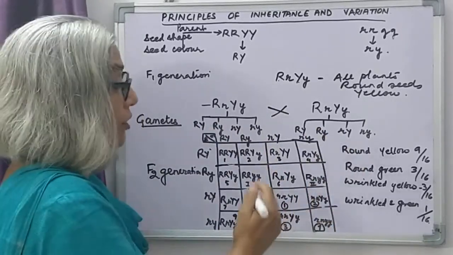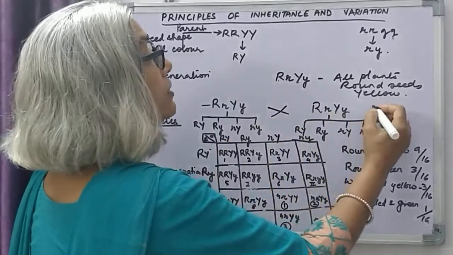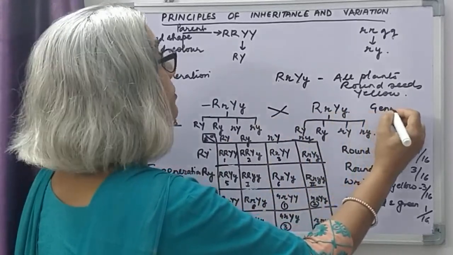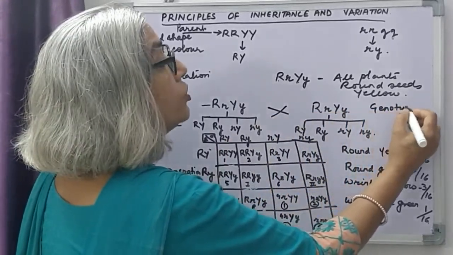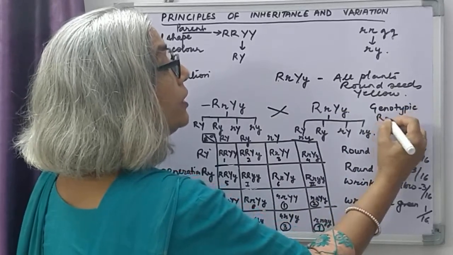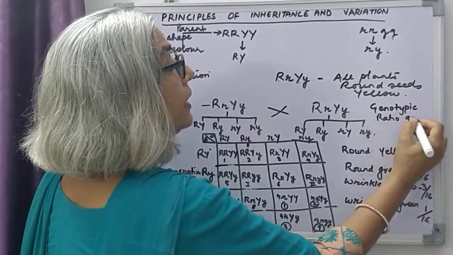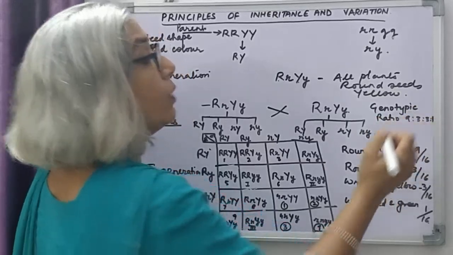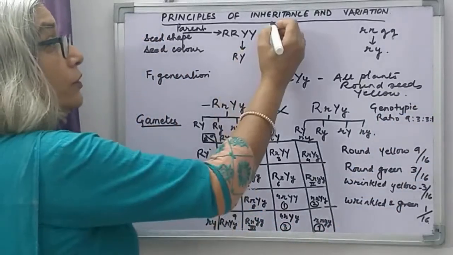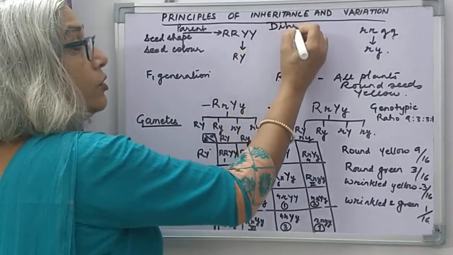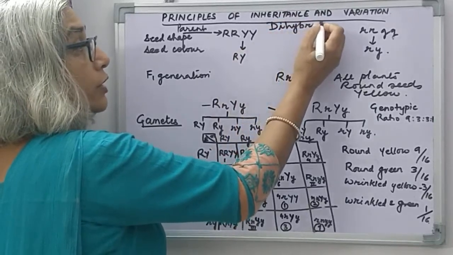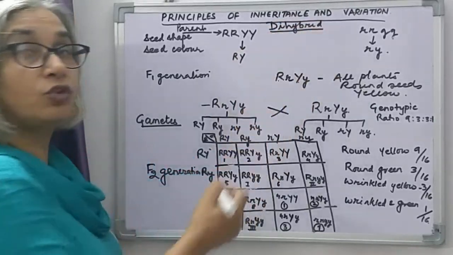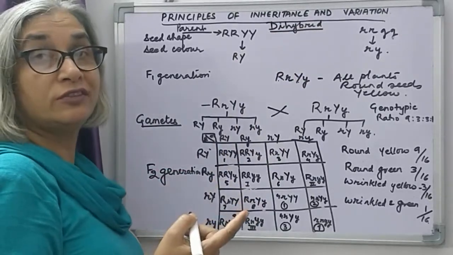Genotypic ratio therefore is, let us write the genotypic ratio of a dihybrid cross. Genotypic ratio is 9:3:3:1.